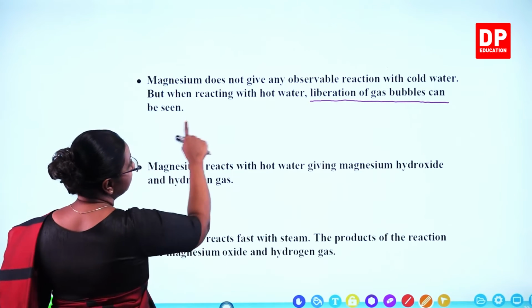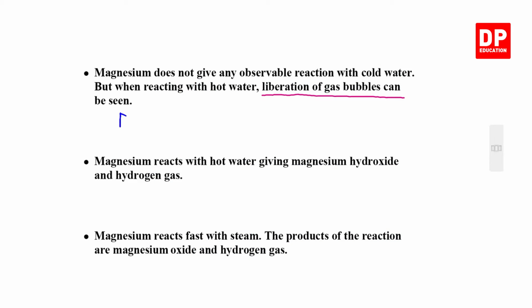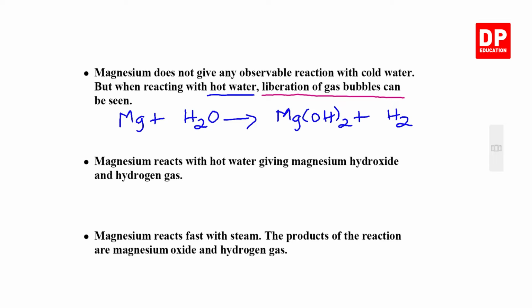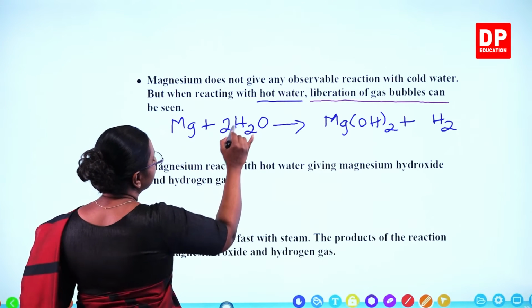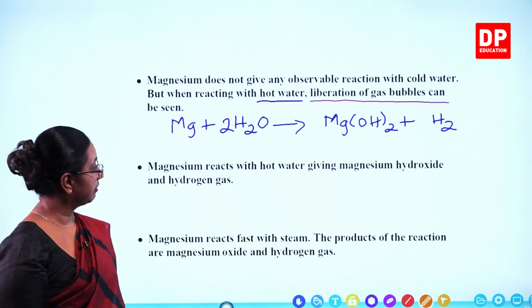So here we will write the reaction magnesium with water. So here it is hot water. So you know the products are magnesium hydroxide and H2 gas. How did we balance the equation? We put a coefficient 2 in front.